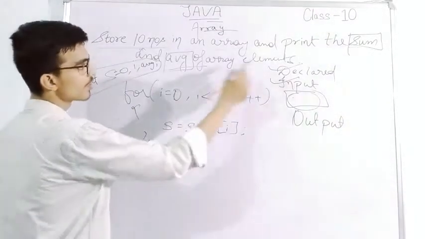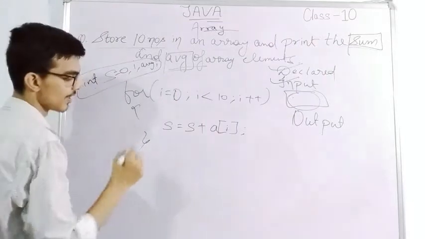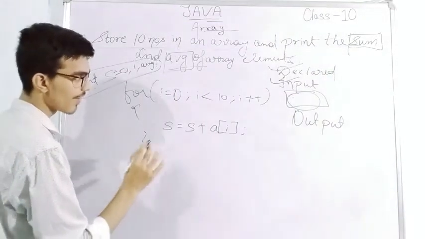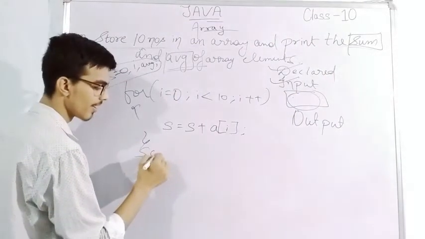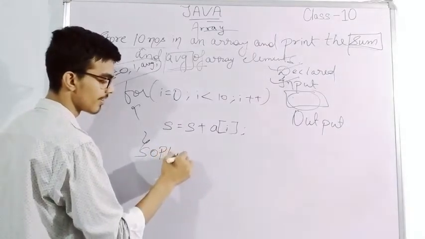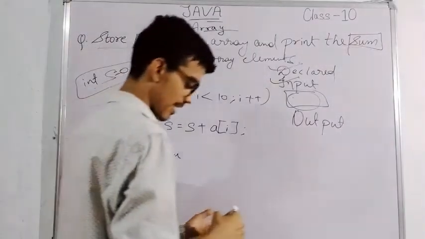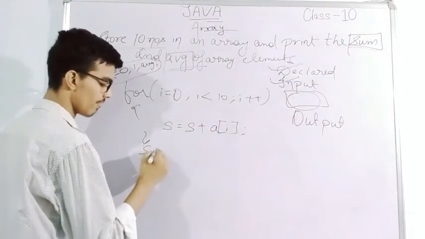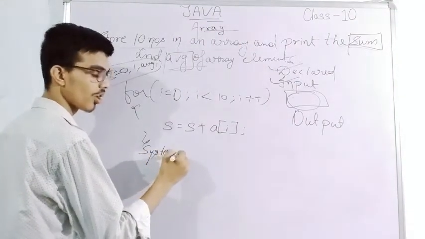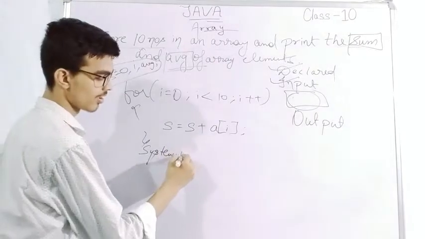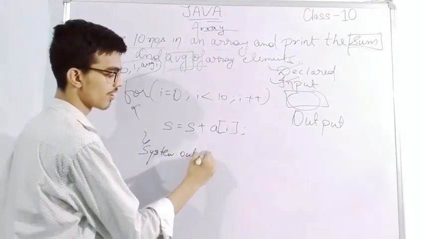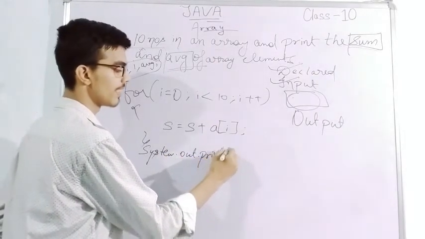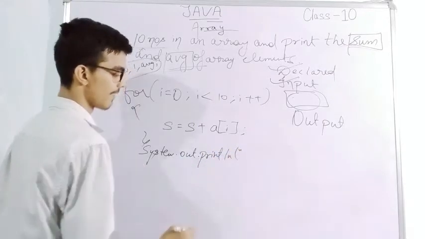After this, what do we have to do? Sum and average. We'll print here with System.out.println.